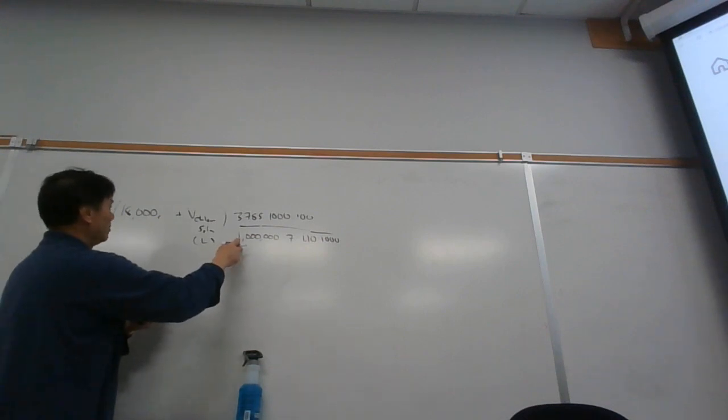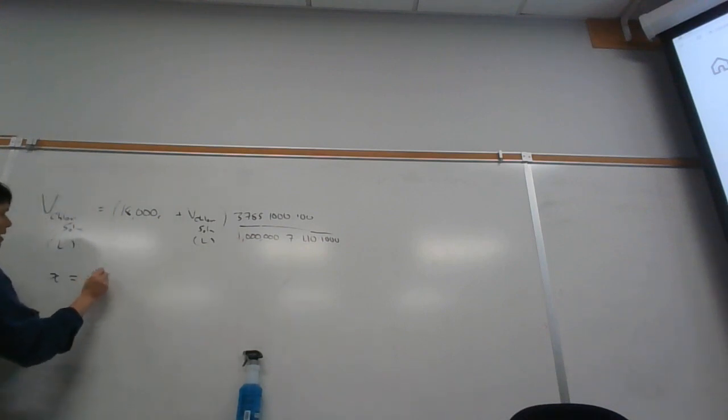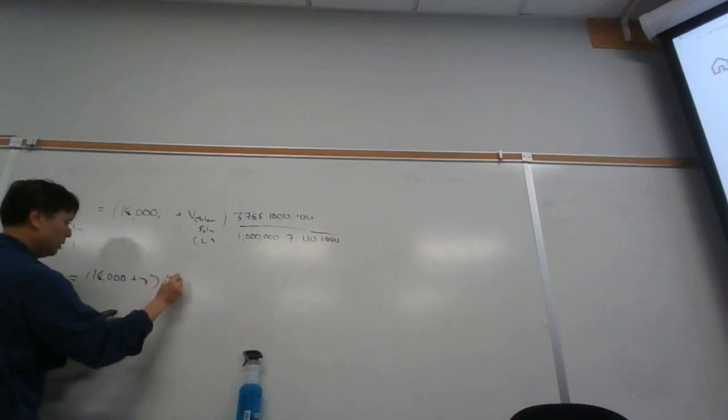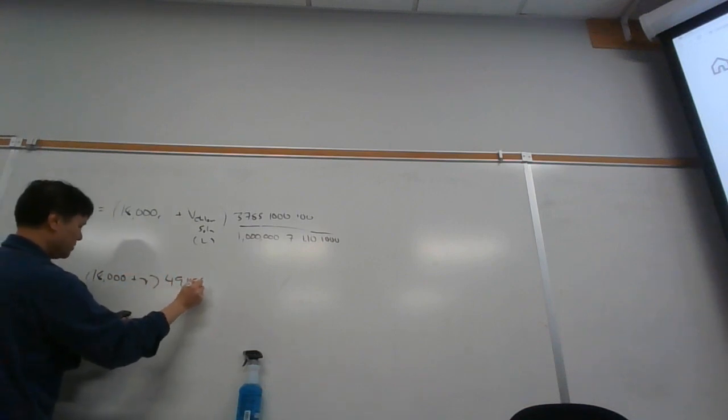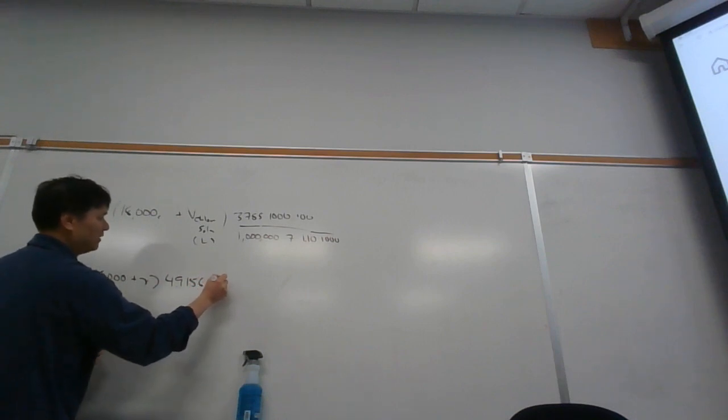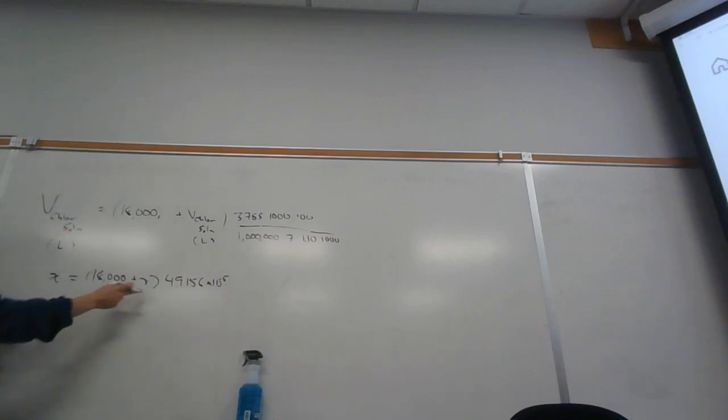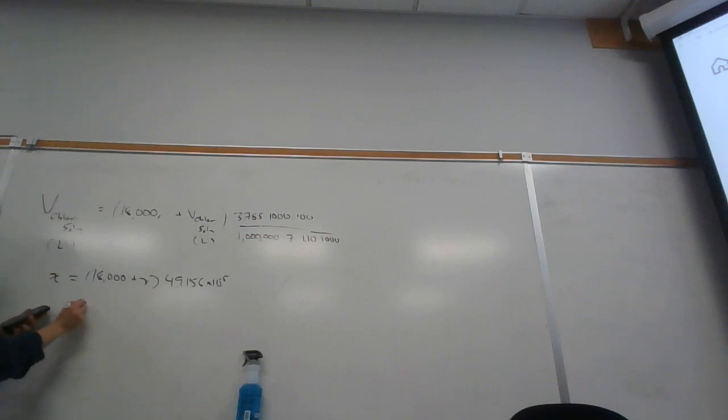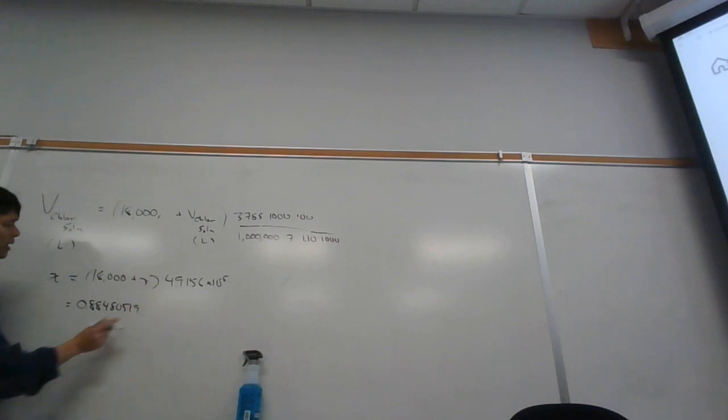And so this term here, this is going to be 18,000 plus X times 4.9156 times 10 to the minus 5. And so let's do this times 18,000. Okay, this is going to give me 0.88480519.